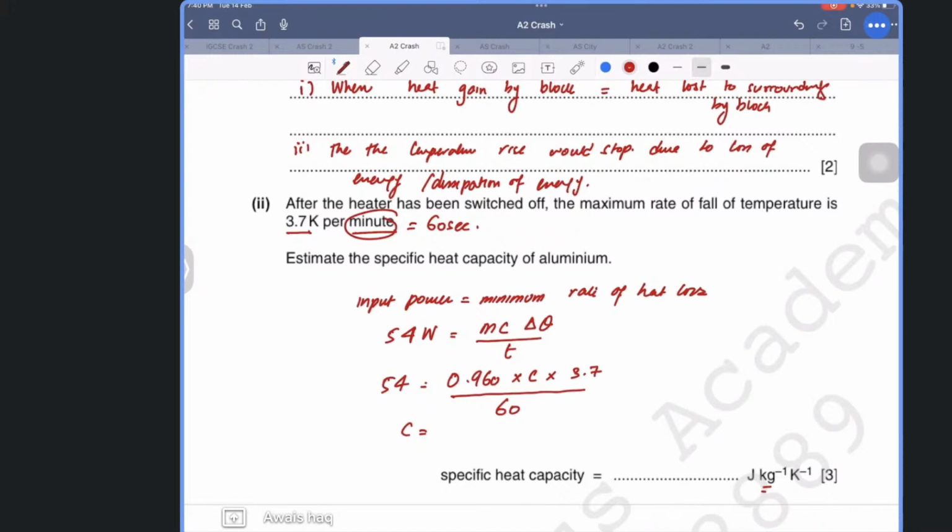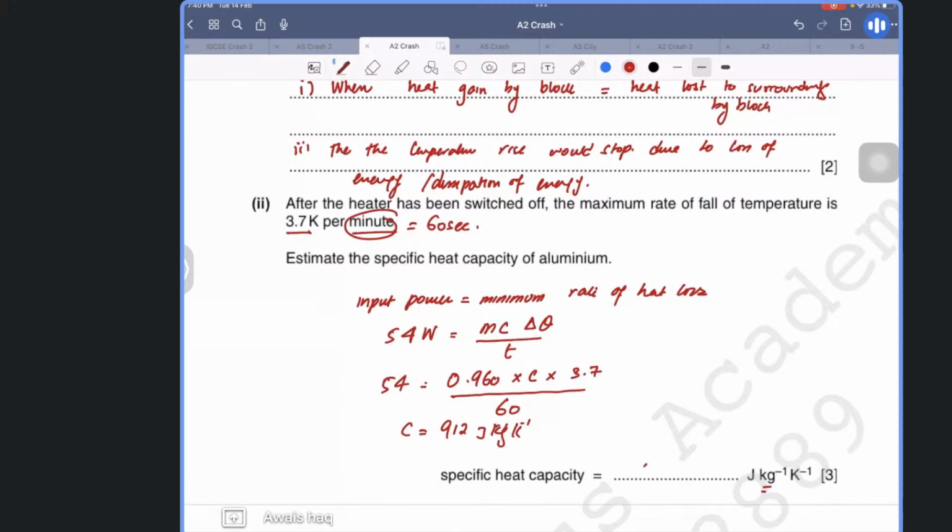Yes, please. Okay. So 912. So 912 joules per kg per Kelvin.